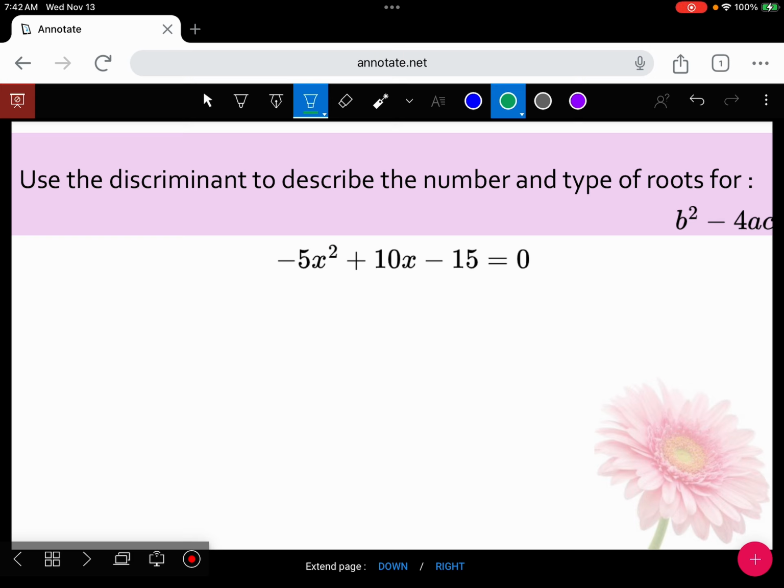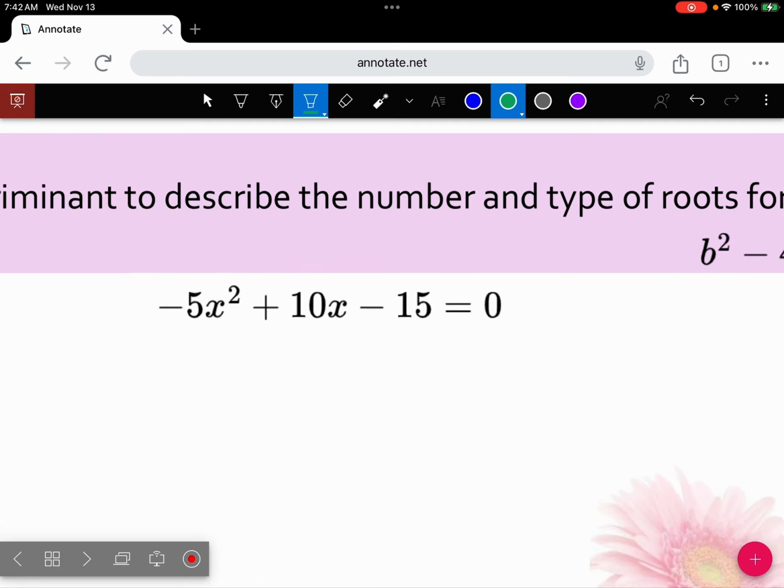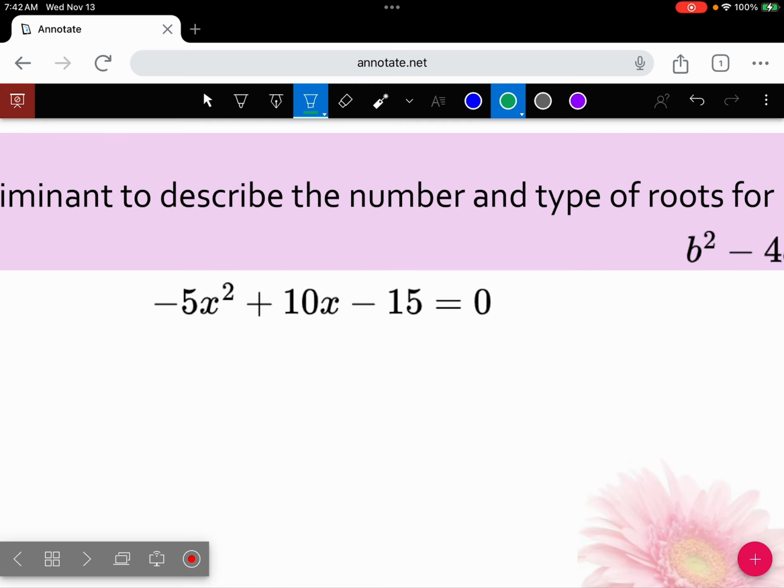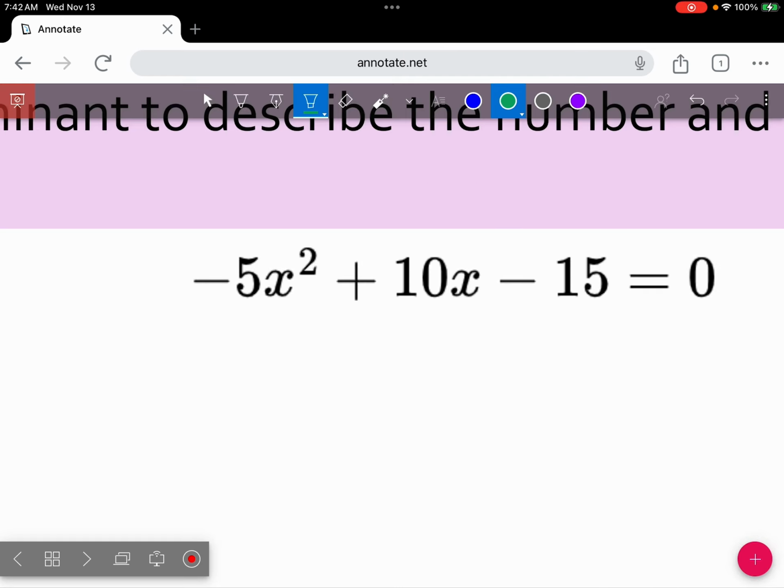All right. Same kind of vibe. We are going to find our A, our B, and our C. We're going to run it through our discriminant to see what kind and how many roots we're going to have. So the first thing I need to know is what is A, what is B, and what is C?